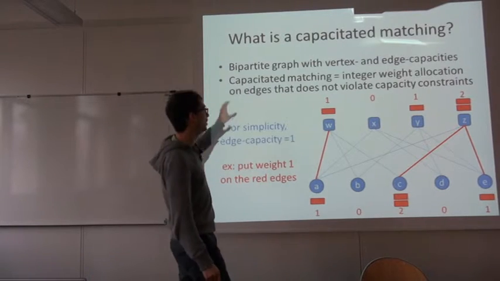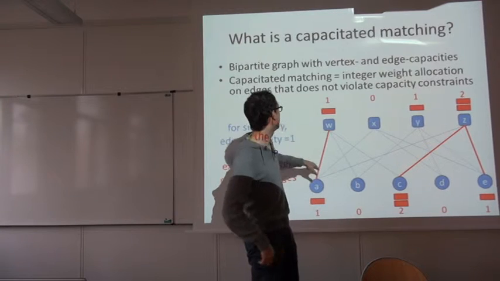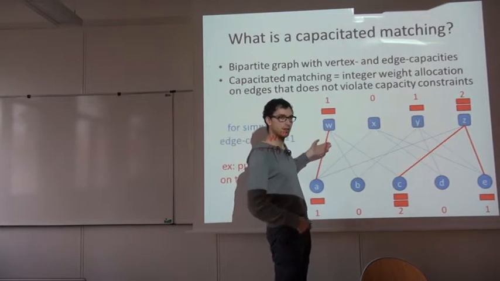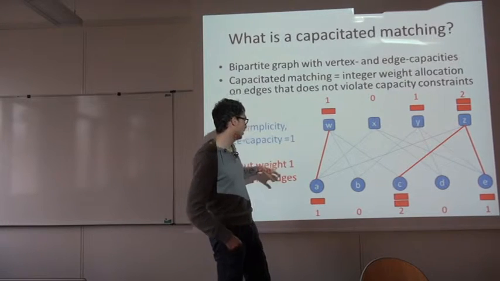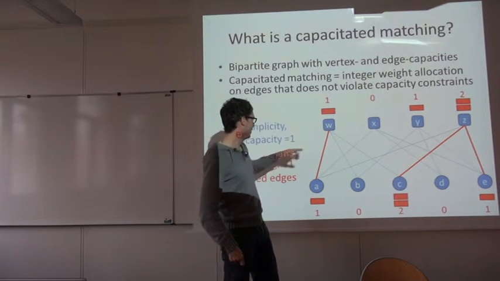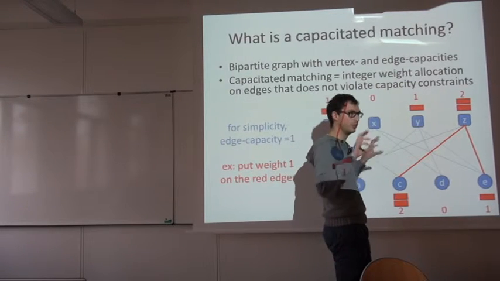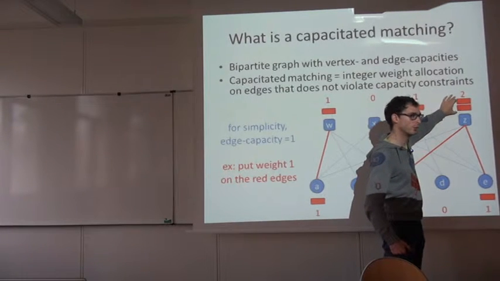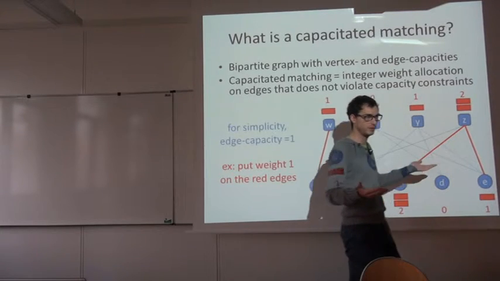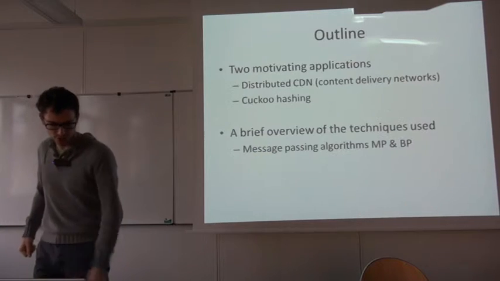A capacitated matching is just a weight allocation on the edges such that we don't violate the capacity constraints. So for example, here if you put weight 1 on the edges in red, so basically you select a subset of the edges, you see that you don't have more than, for example, 2 edges selected next to this vertex, so you don't exceed its capacity constraint. So basically this is what a capacitated matching is.